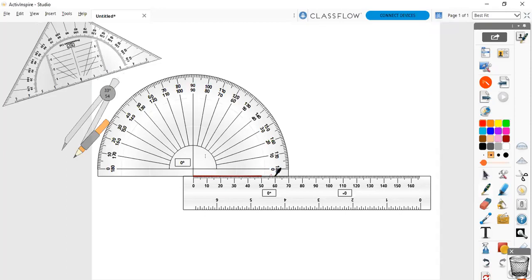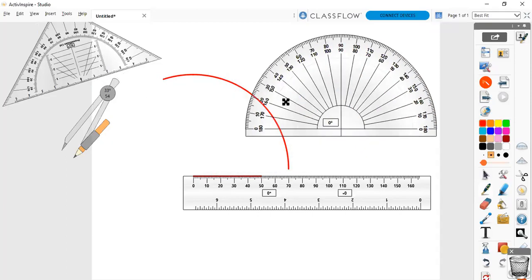So here I will try to draw a 108 from this point. It is starting from 0 to, here it is 90, 100, 110, and here if I say this is my arc of 108, right?